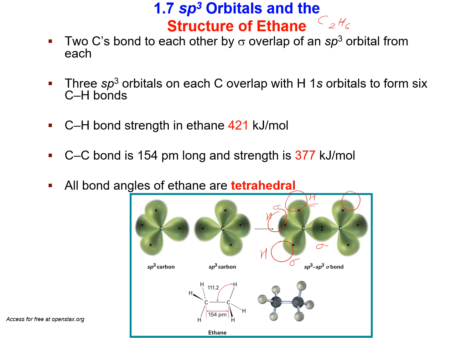It also overlaps with three hydrogen atoms' 1s orbitals, each having one electron, and that's how you can explain the structure of ethane. So ethane also has carbon atoms in the sp3 hybridized state.